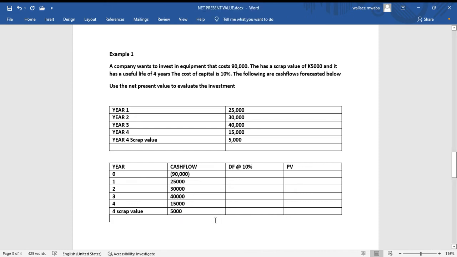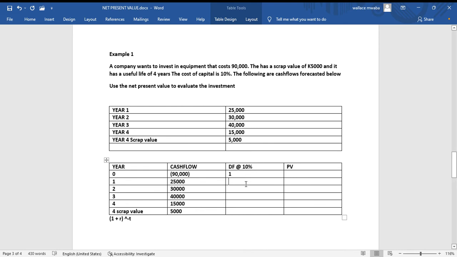To discount our cash flows, we're going to use the formula 1 plus r, where r is the small letter r, to the power negative t. The t just represents the time. If we go to our tables of discount factors at 10%, year 0 is always 1.